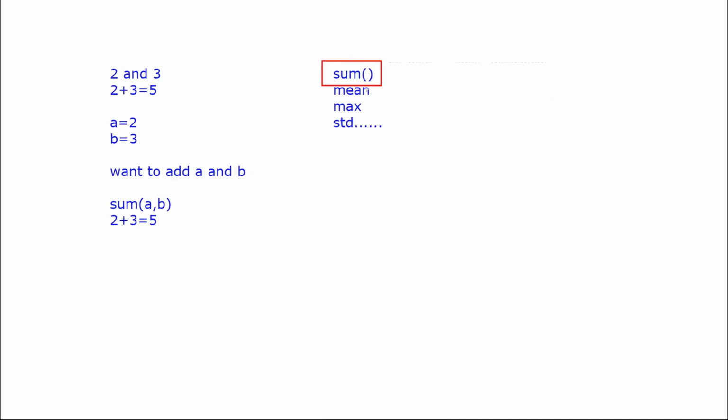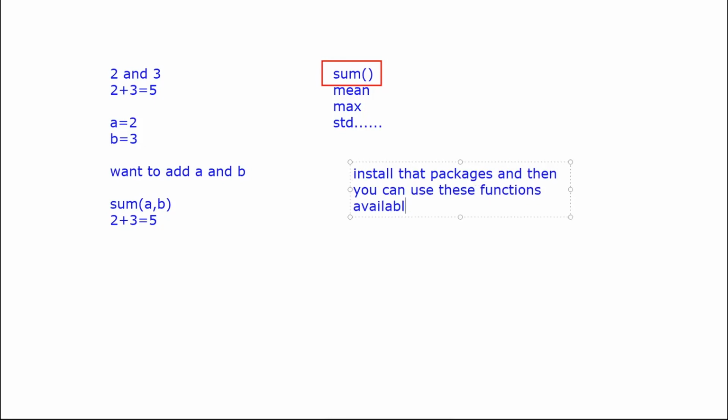Now let's say you got a requirement where you have to use a function called summation. The summation function can be part of certain packages. So what you have to do, first you need to install that package, and then you can use the functions available in that package. So this way we work.